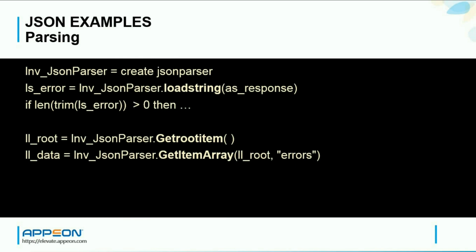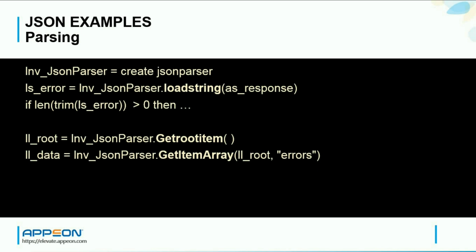So the first thing we do to do the parse is create the parser. Then we take the response and we load it into the parser. It takes a quick look and tells us if there's any problem in parsing it out. If there is, then we'll have to handle that.